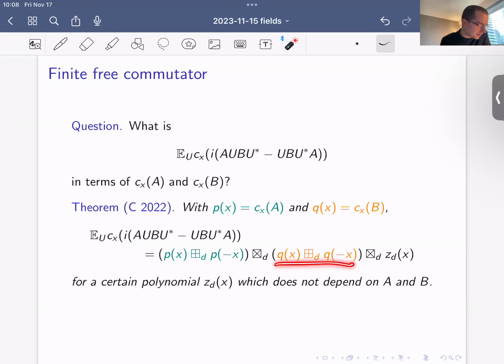And so is the dependence on Q. And then there's this other polynomial, which I call Z, which you can write down specifically, and I'll do that later. But I don't think it's really relevant what this is for now. The point is that this Z is a universal polynomial that doesn't depend on A or B.